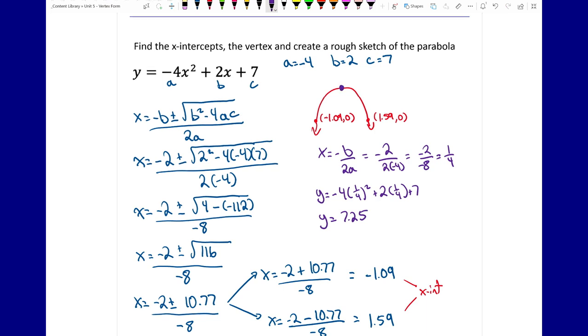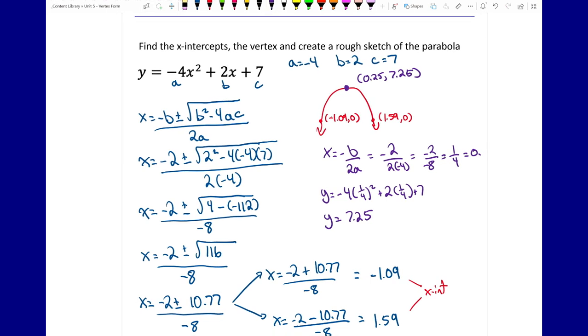So that means my vertex is at 0.25 and 7.25. The 0.25 just comes from this fraction, 1/4. So my vertex is 0.25, 7.25.